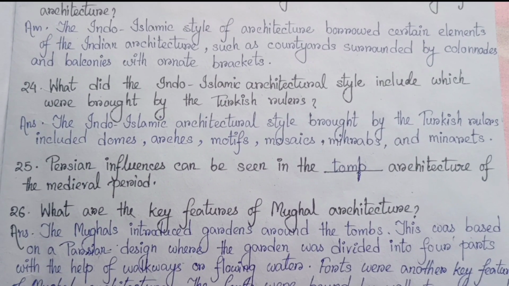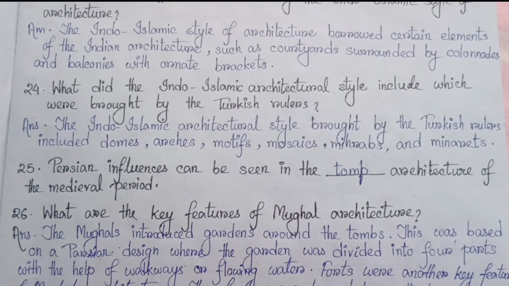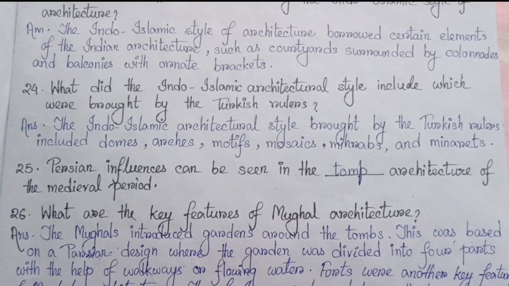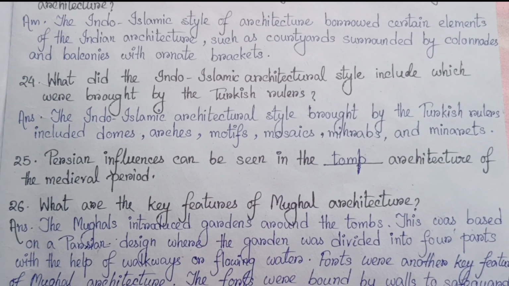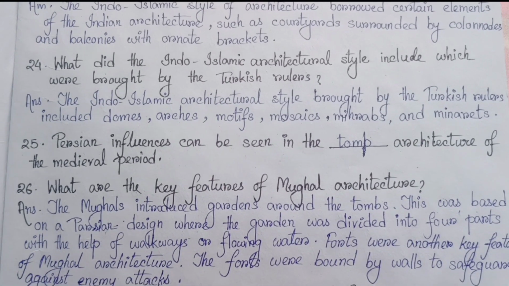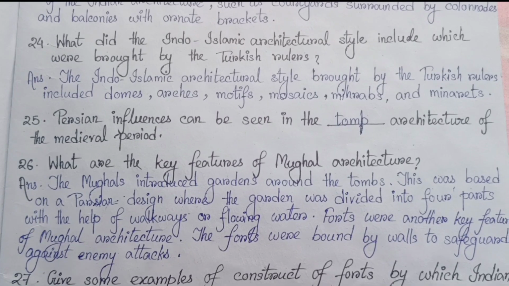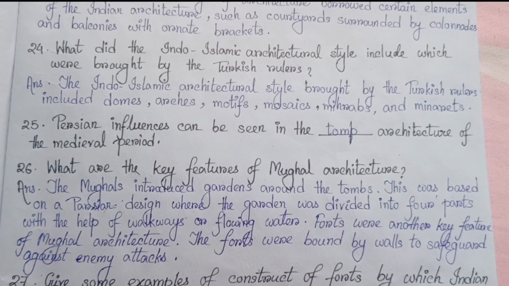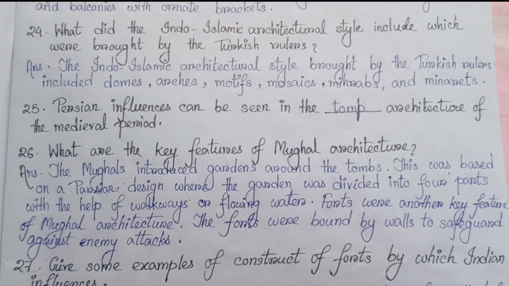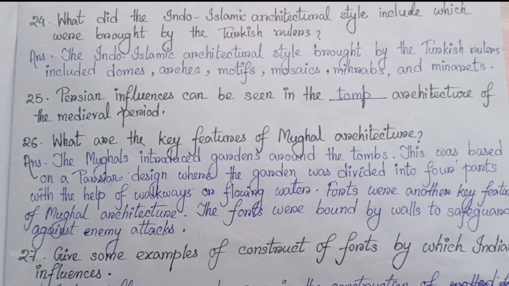What did the Indo-Islamic architectural style include, which were brought by the Turkish rulers? The Indo-Islamic architectural style brought by the Turkish rulers included domes, arches, mosaics, mihrabs, and minarets.